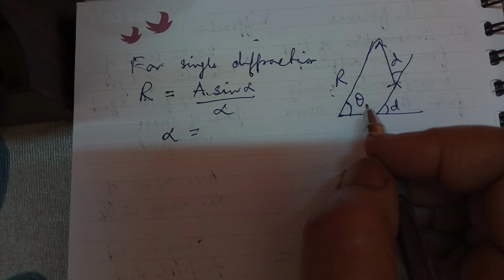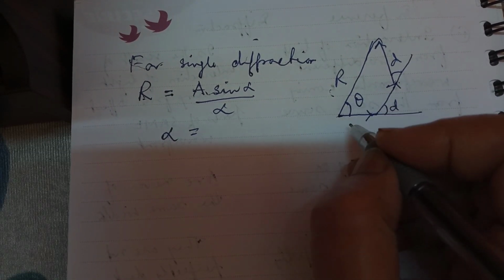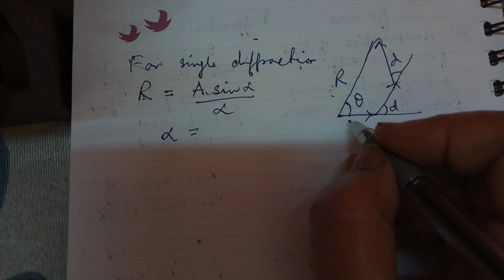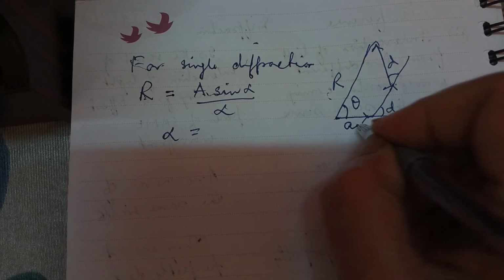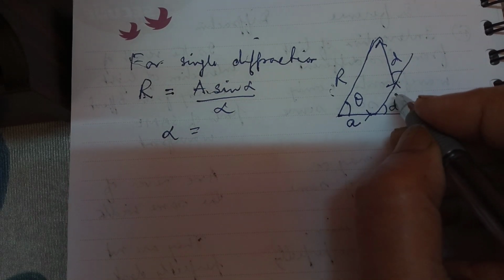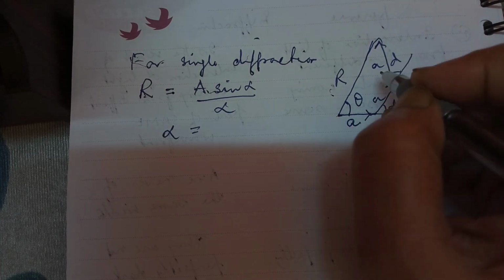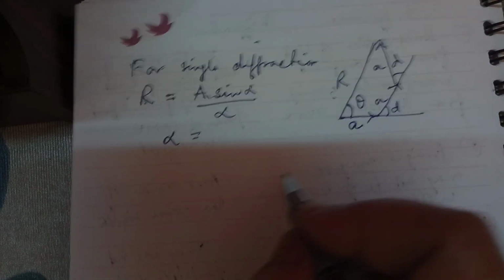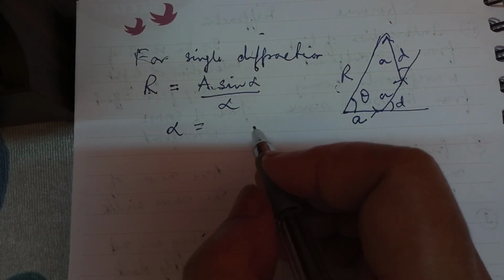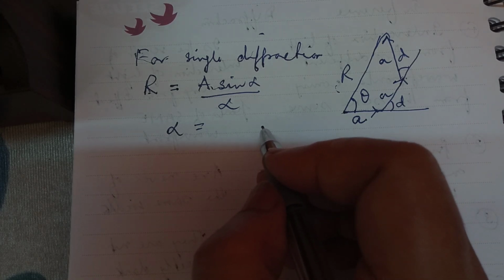We had taken A as the amplitude. Every portion we had considered had the same amplitude A. So if you remember, we had taken alpha as A sine ND by 2.